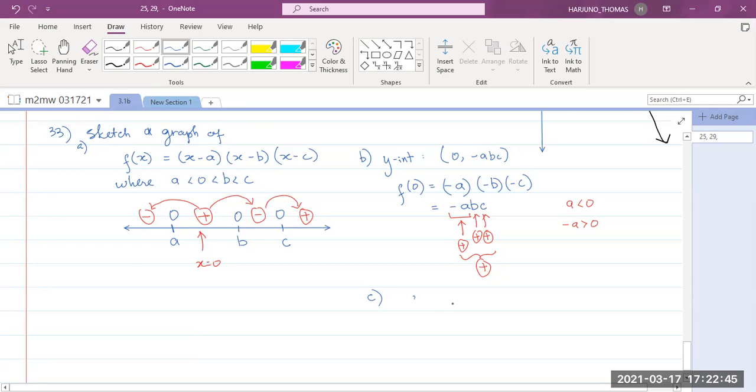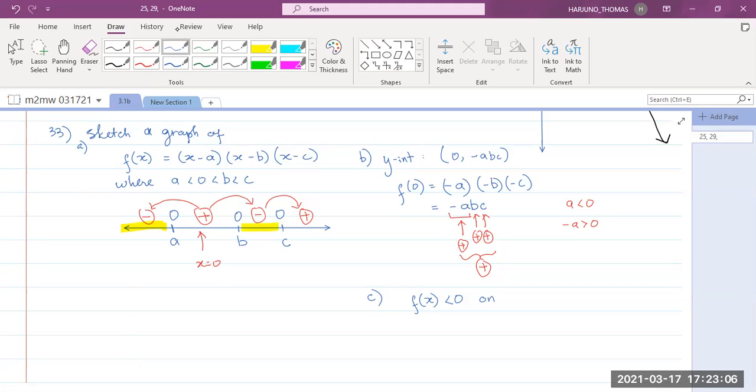f(x) less than 0 is when it's negative, right? When it's negative here, here and here.